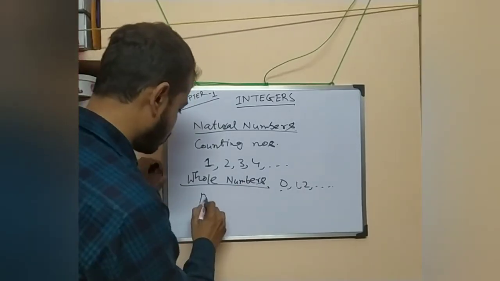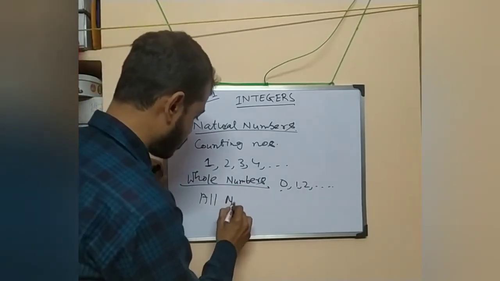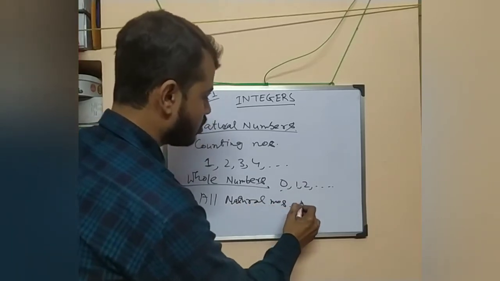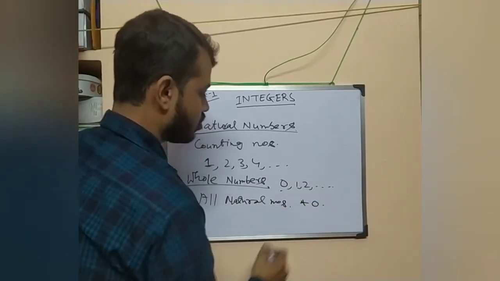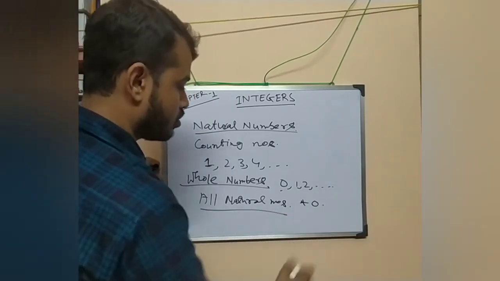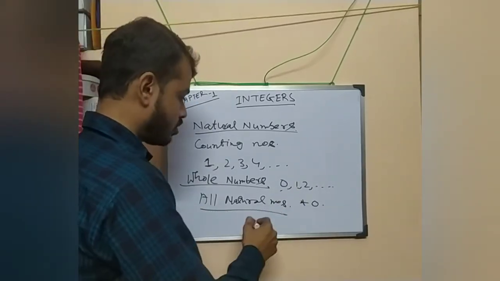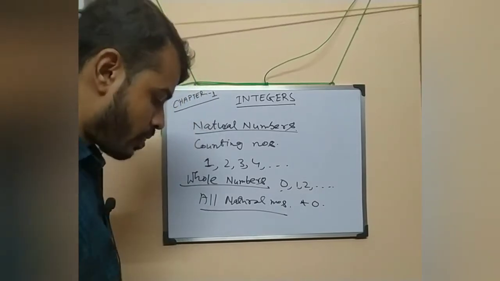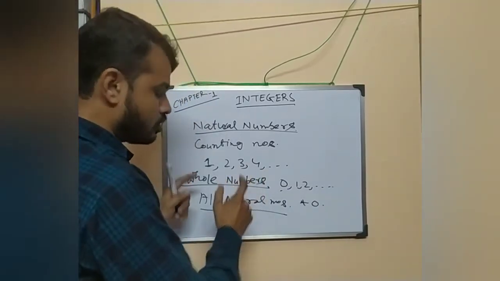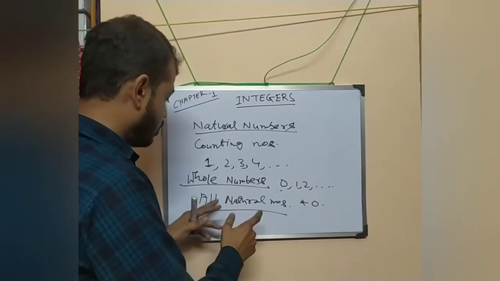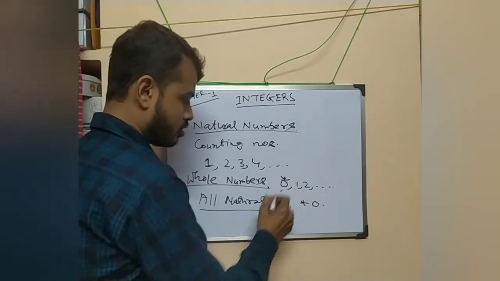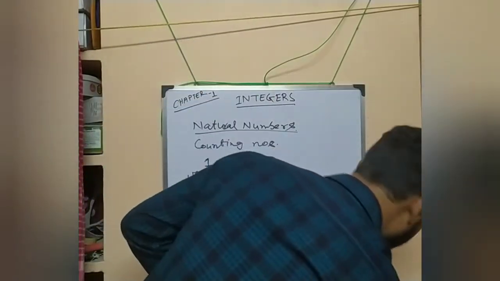All natural numbers together with 0, natural numbers plus 0, that is all natural numbers with 0 we call whole numbers. So every natural number is a whole number, but every whole number is not a natural number since there is an extra 0.